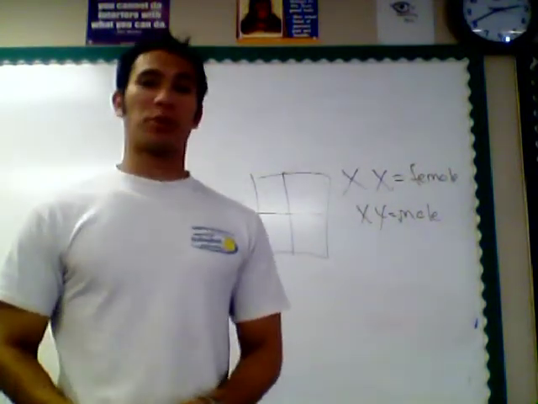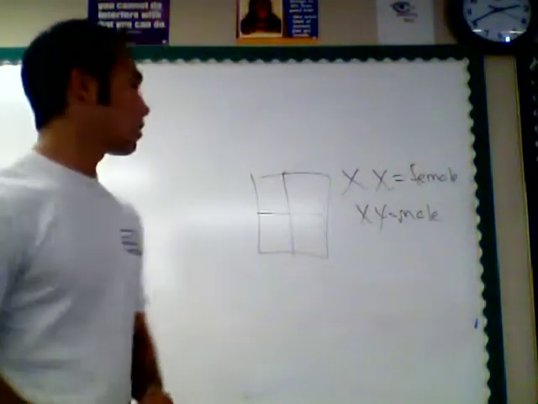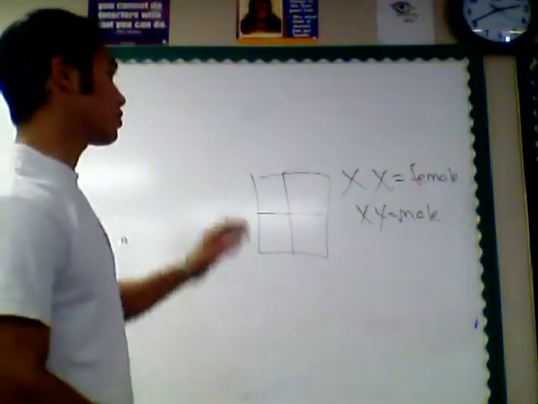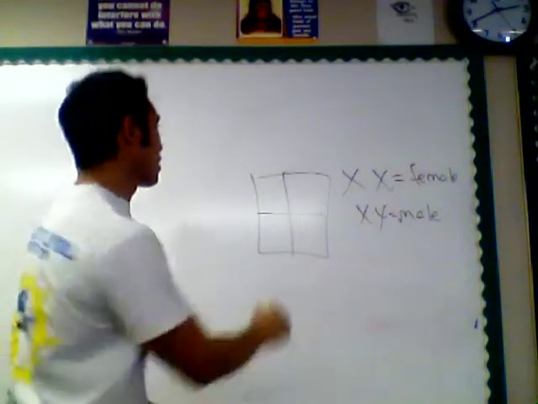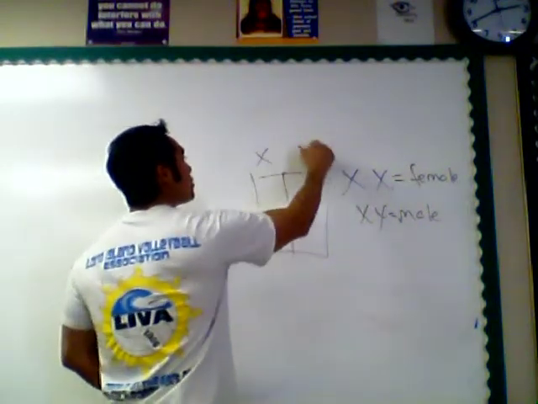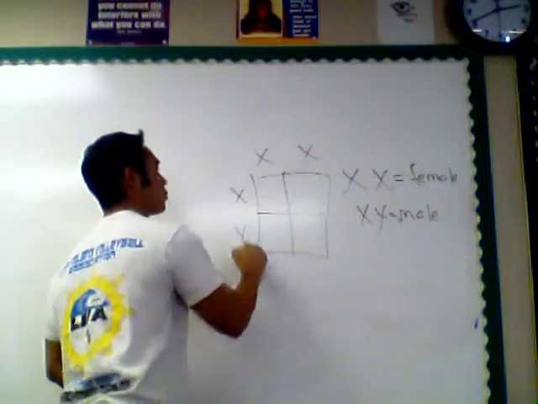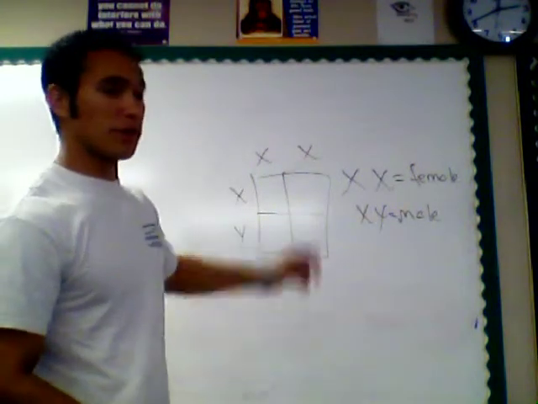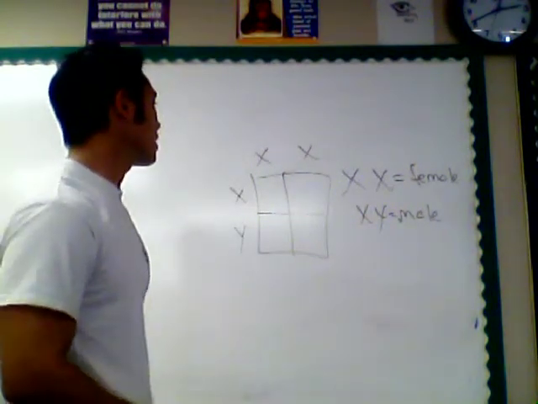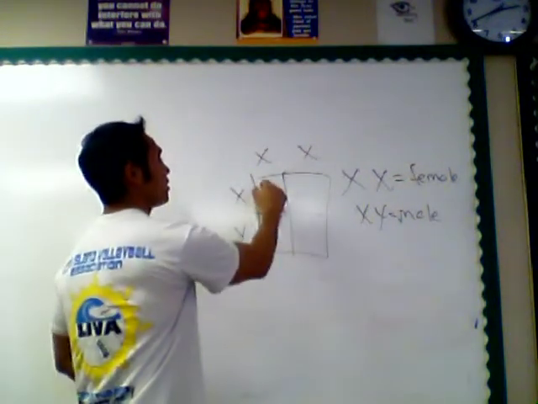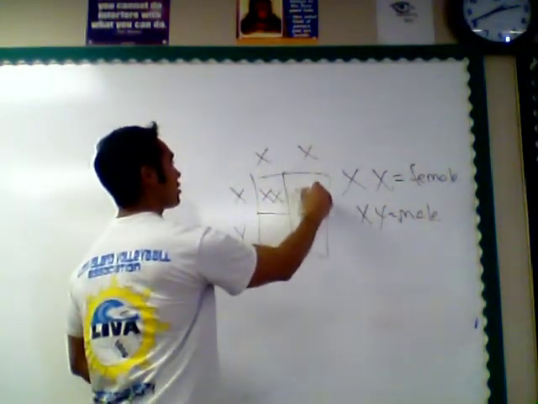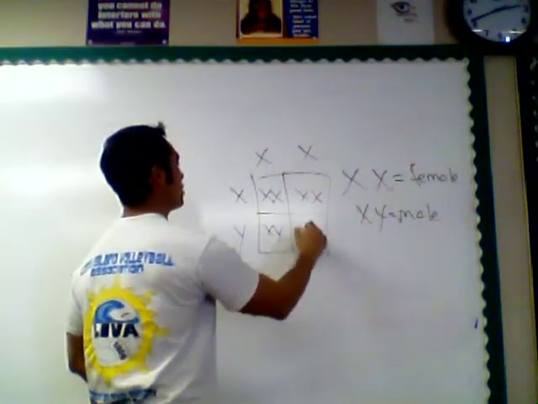So to figure out the probability of a boy or girl being born, we need to put these onto the Punnett square, which we've done before. XX, XY. And to complete the Punnett square, we need to take each of the letters and put them into a box. So XX, XX, XY, XY.